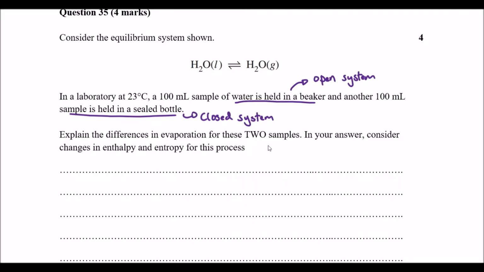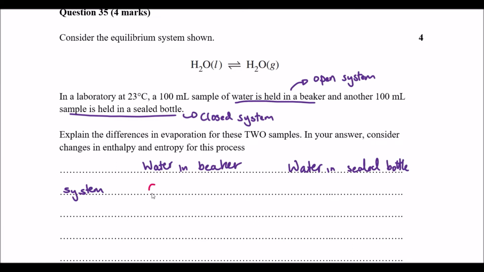Okay. So we could draw up a little table and describe what's happening here, or you can do subheadings as part of the description. We'll try and do both if possible. So we will have water in beaker, and we have water in sealed bottle. And I'm going to say that we're going to have system types, and we'll do a different color to highlight it, just for everyone here.